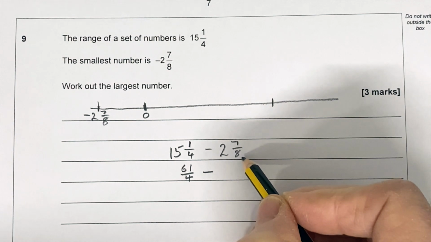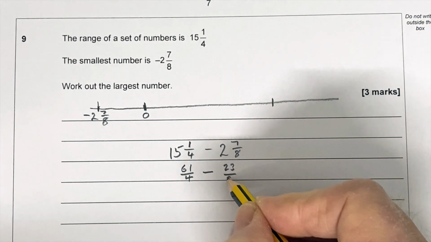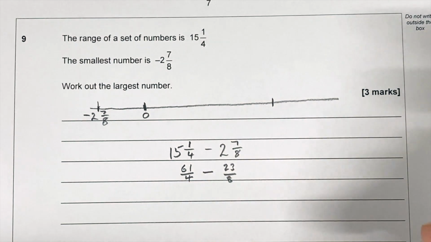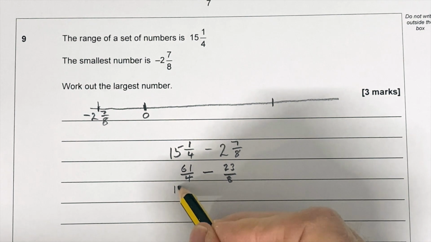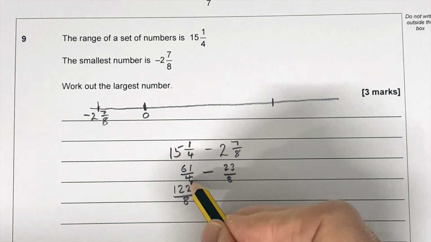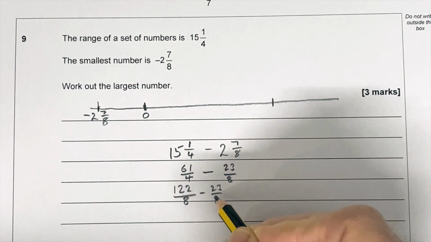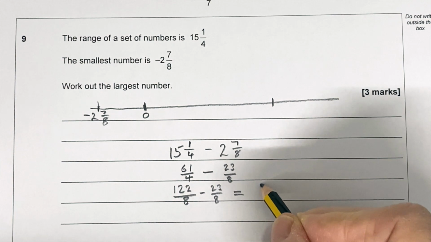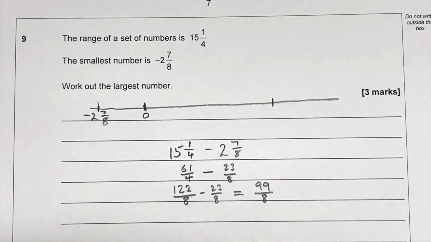Subtract 2 eights is 16, plus 7 is 23, 23 over 8. We want the denominators to be the same, so we're going to make them both 8. So this one's going to be 122 over 8, double 61, double 4, minus 23 over 8, and that is going to give us 99 over 8, which is a top-heavy and improper fraction, of course.